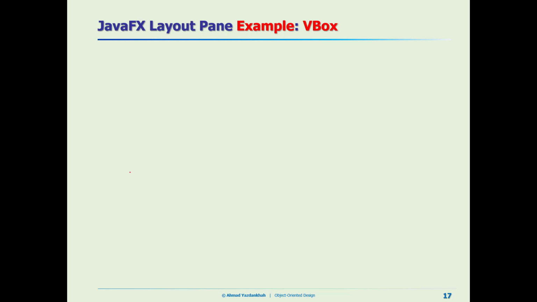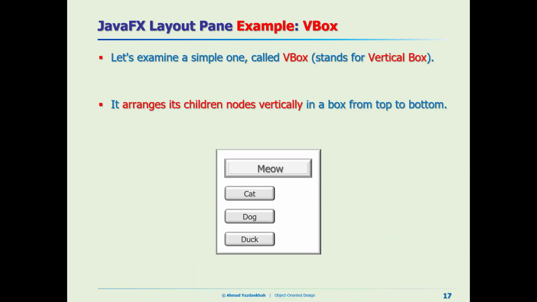So it aligns whatever you have vertically. For example, if this is a label, it puts it on this shelf, and the bottom one goes here. Whatever you add to this layout pane will be stacked vertically like this.